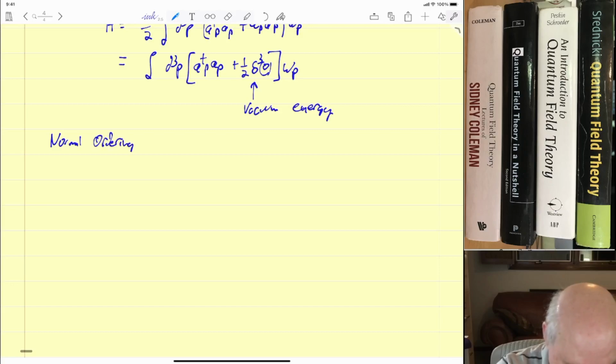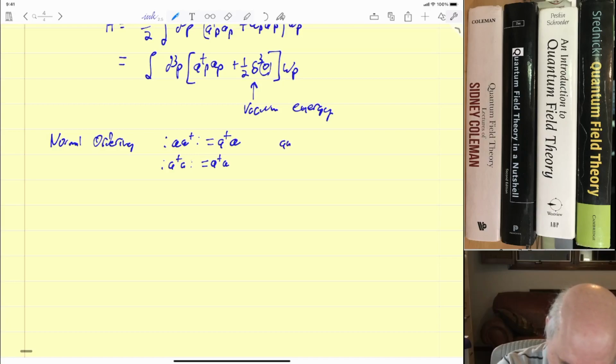I'm not sure if Sudnicki covers this right away. Eventually he will. Normal ordering just basically says if you have a string of operators, I'll just do it for two here, you always put the annihilation operator on the right and the creation operators on the left. So that's really all it is.